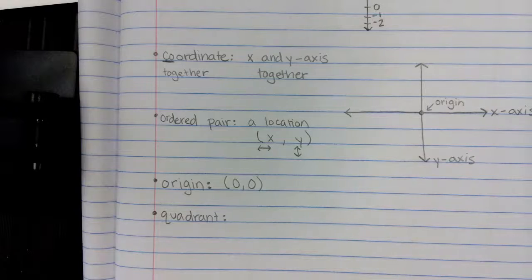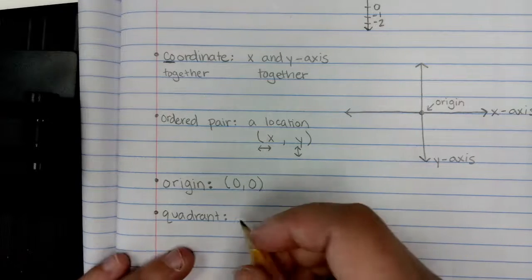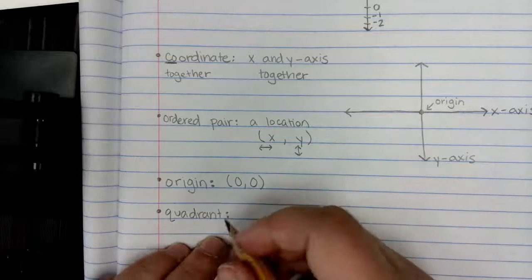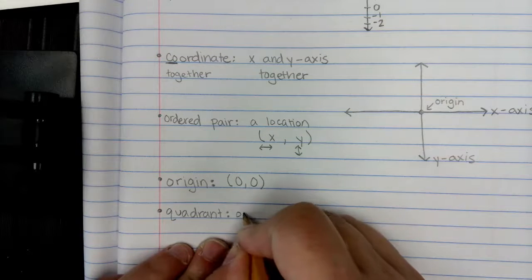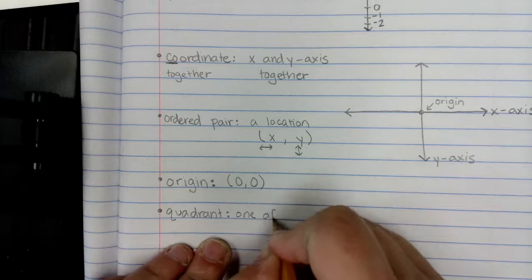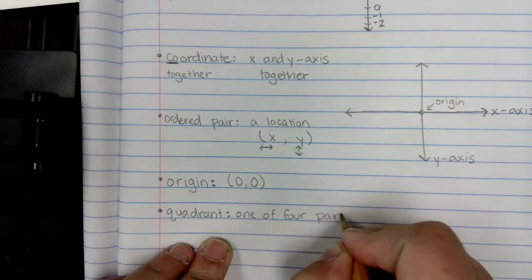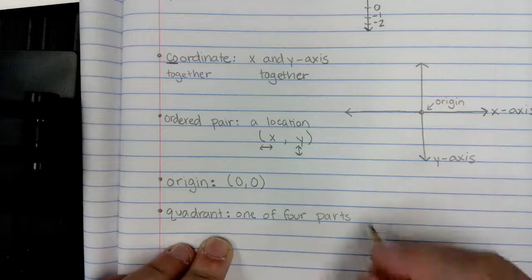Hence, when you have your quads, your muscles, you have 4 of those muscles. That's why they're called quads. Quadriceps, okay? Or if you ride a quad, sometimes we call 4-wheelers quads. I don't know. Okay? Quadrant is one of 4 parts in the coordinate plane.